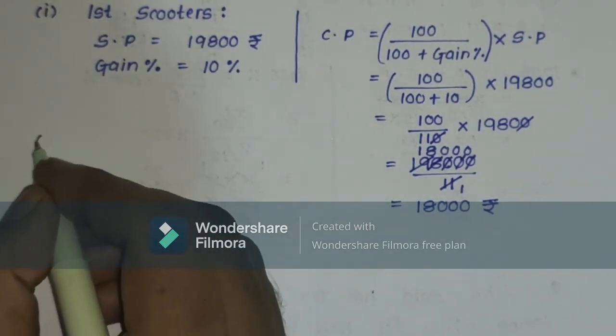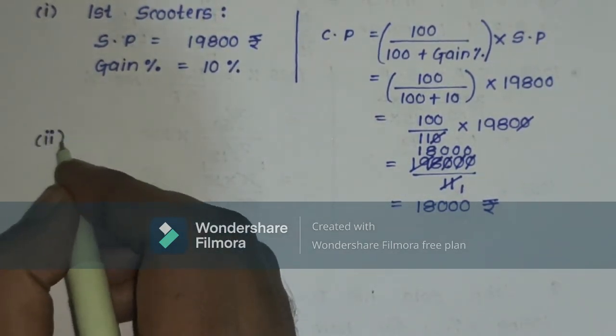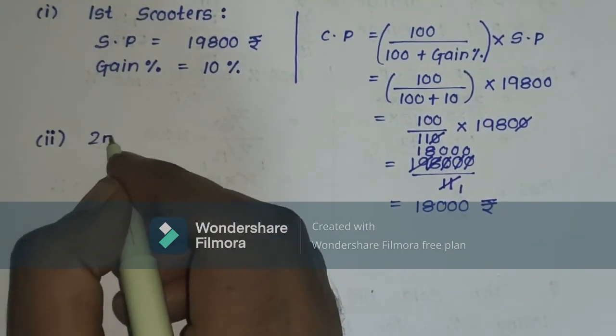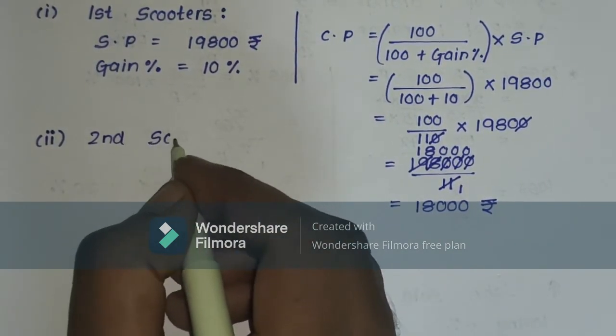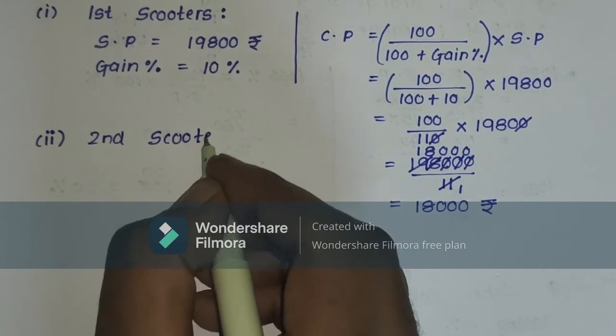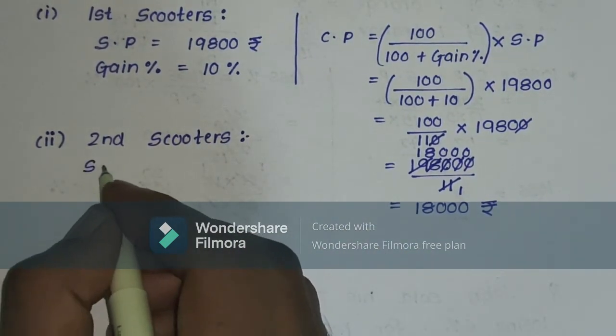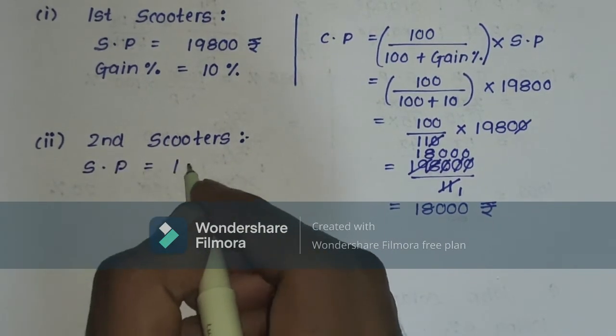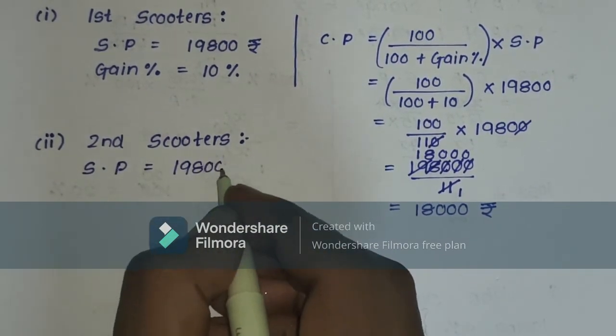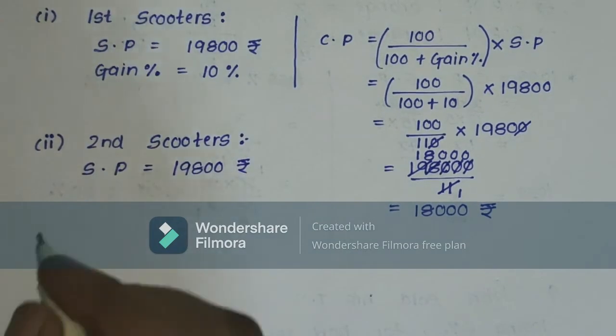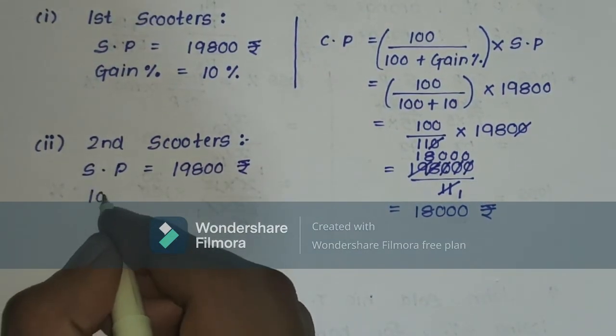So what is the case for the second one? For the second scooter, if you see, this SP is same. The SP is 19,800 rupees, right student? Whereas there is a loss of 10%, right?